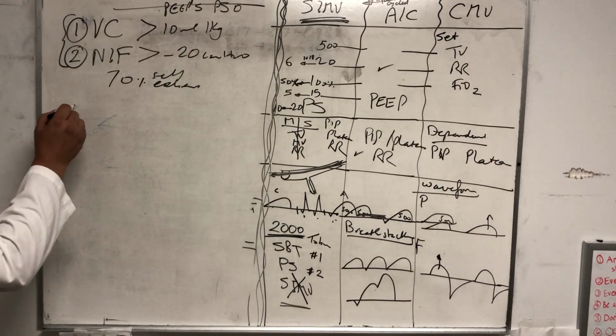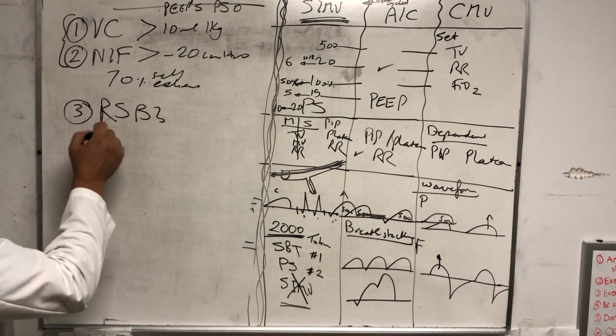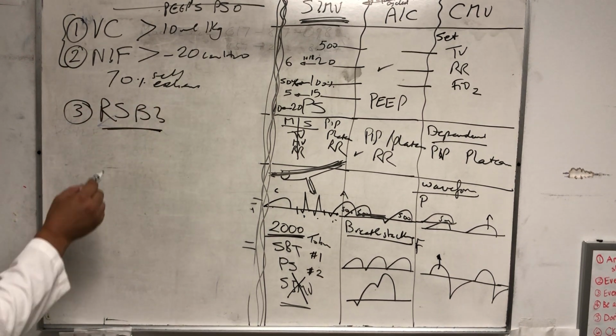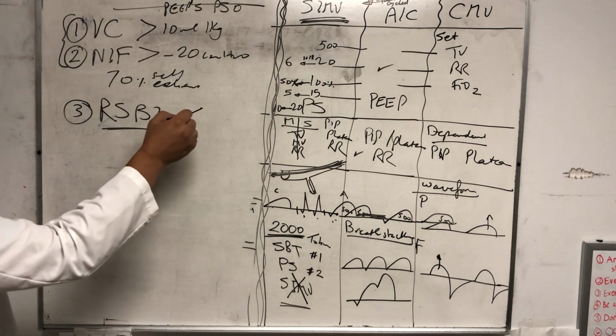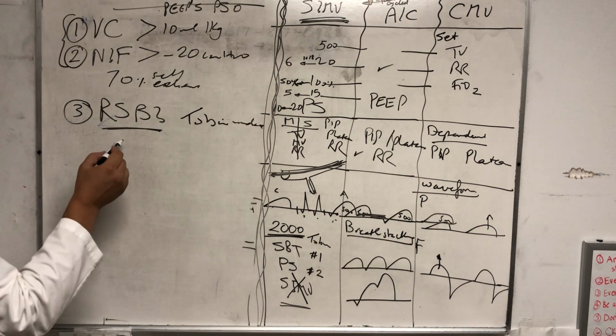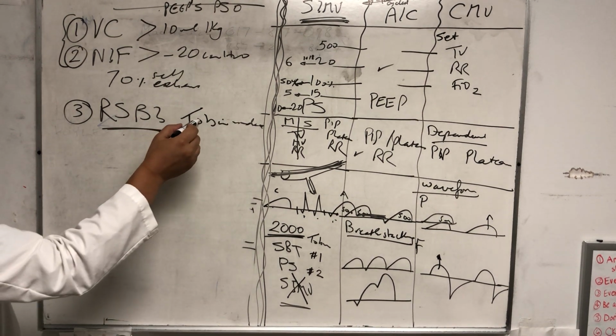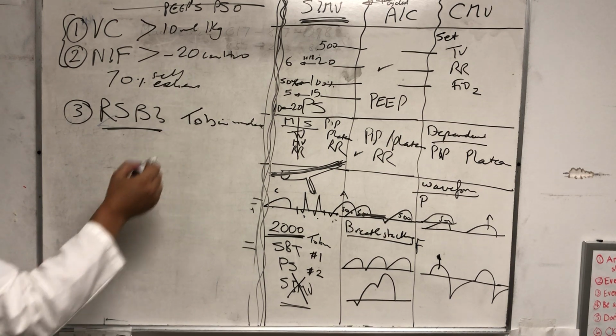So that's why they came up with the RSBI. The RSBI is the Rapid Shallow Breathing Index, also called the Tobin Index, the same Tobin. Yeah, I call him Tobin. Tobin is the fourth most famous intensivist in the world.